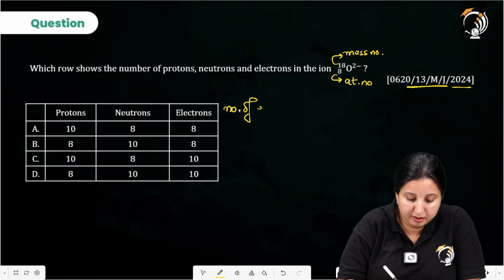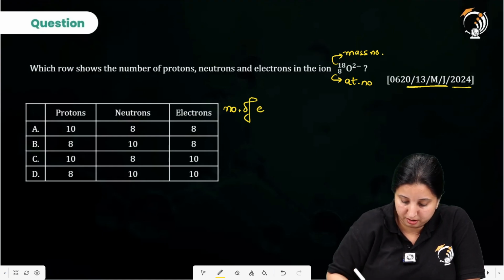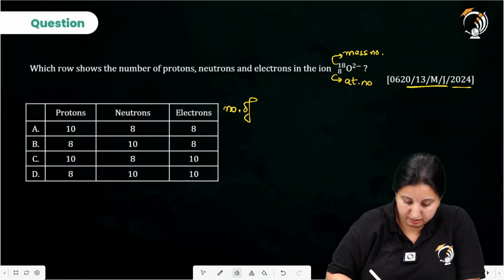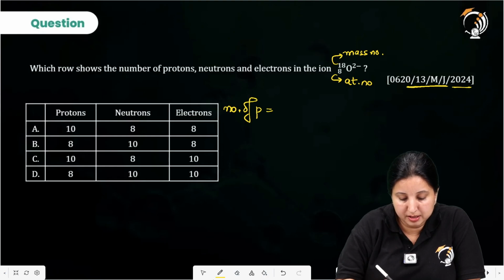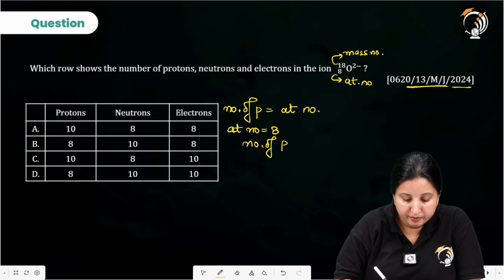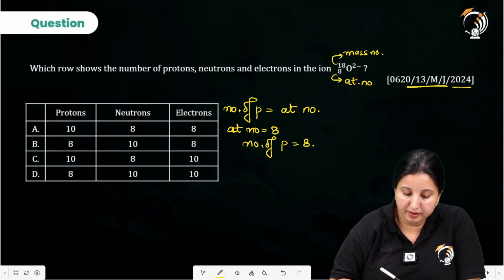Number of electrons, protons is equal to the atomic number. So your atomic number is given as 8. So your number of protons is equal to 8.